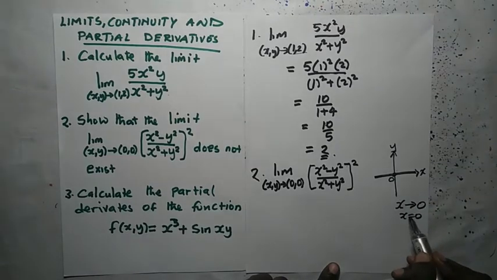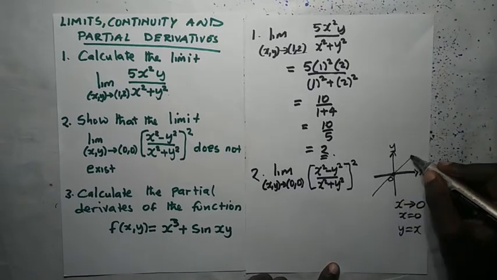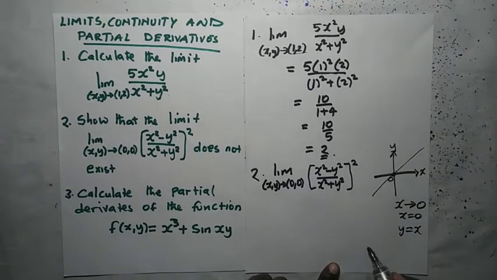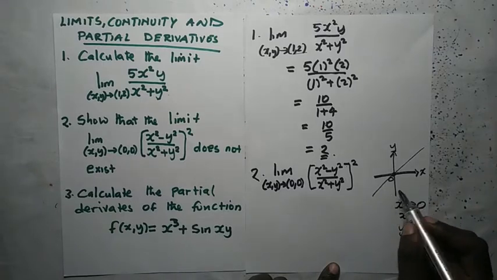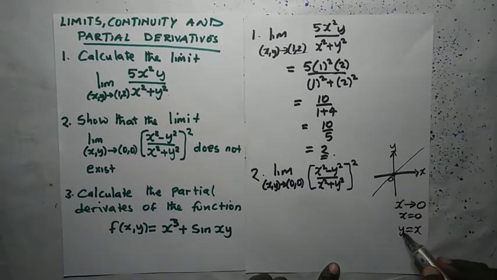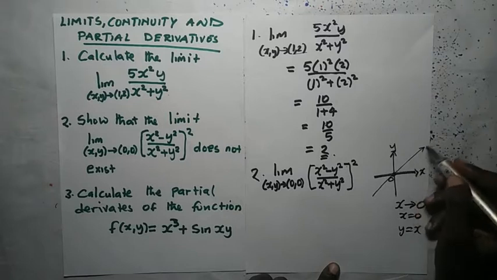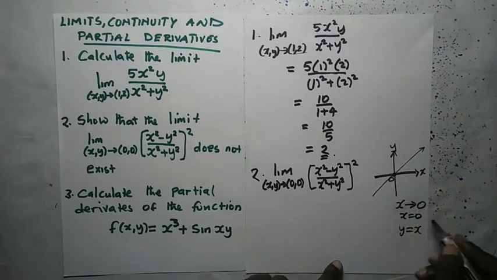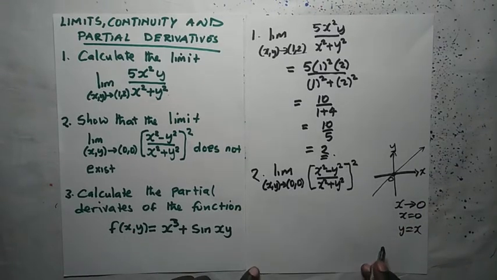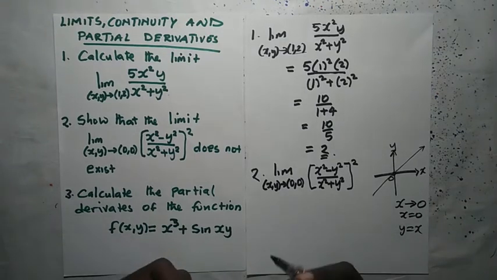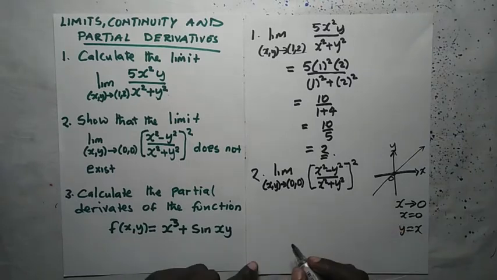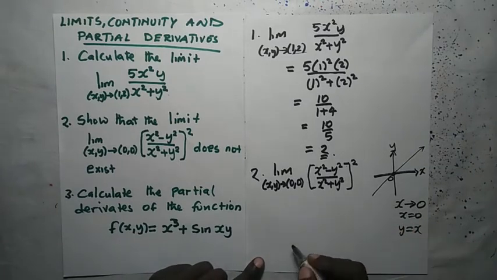And then we'll also look at y is equal to x, which is a line which crosses here going this way. So what is the limit as the function approaches (0, 0) along the line where y is equal to x? If they give us two different limits, then it means that the limit of this function does not exist. So we'll start with this one here.